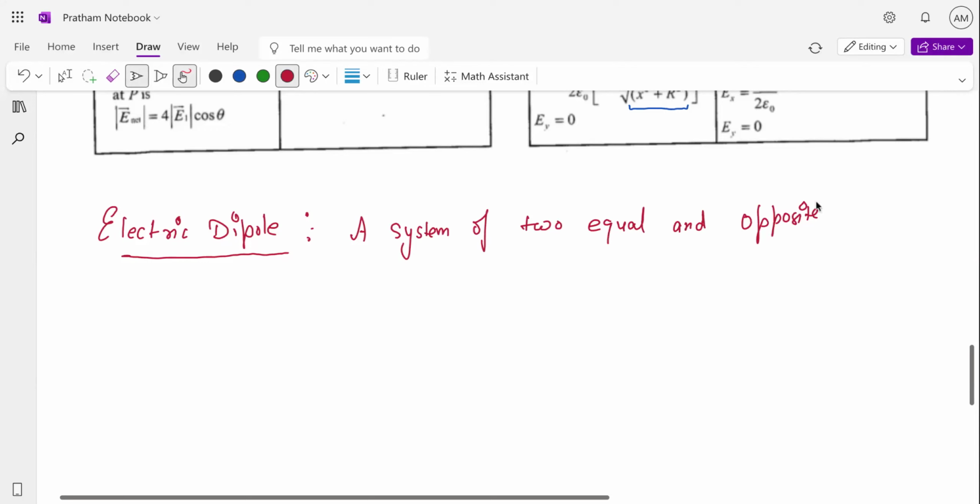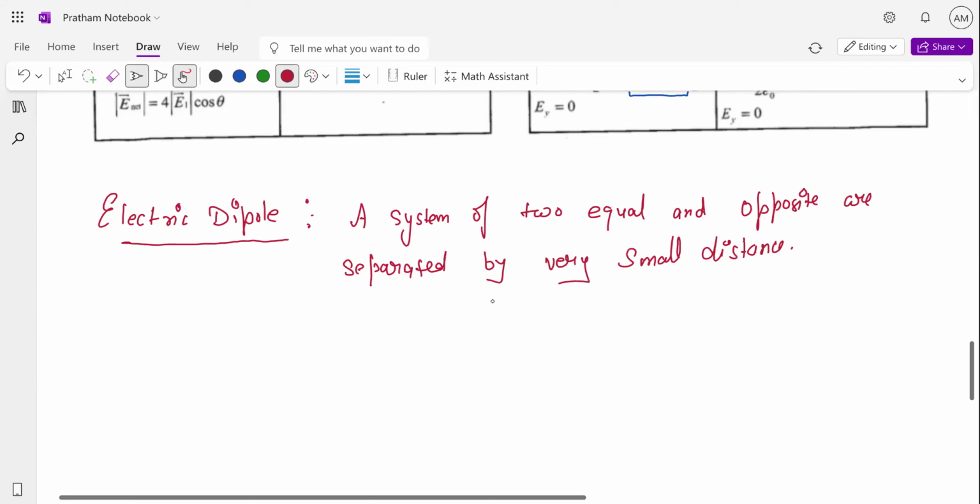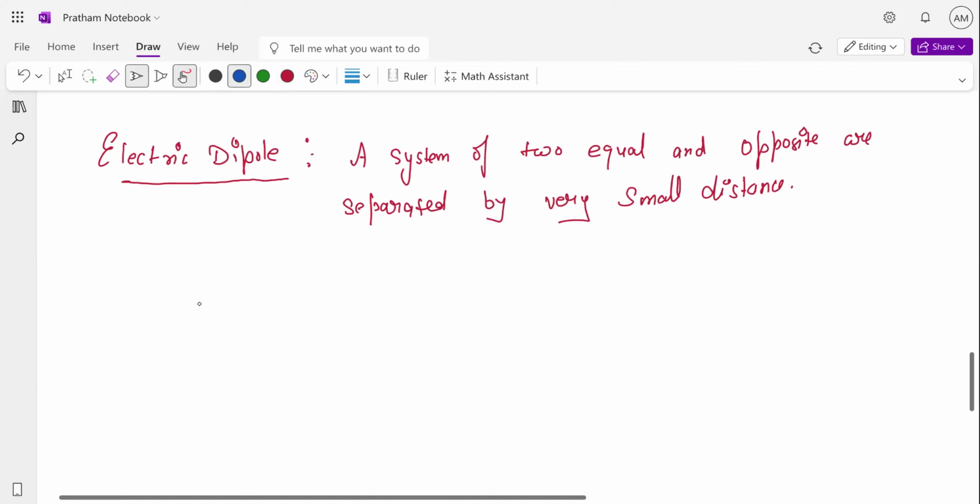Okay, how are we placing them? Let's call it separated by a very small distance. So what this means is you have a positive charge here, and a negative charge over here.